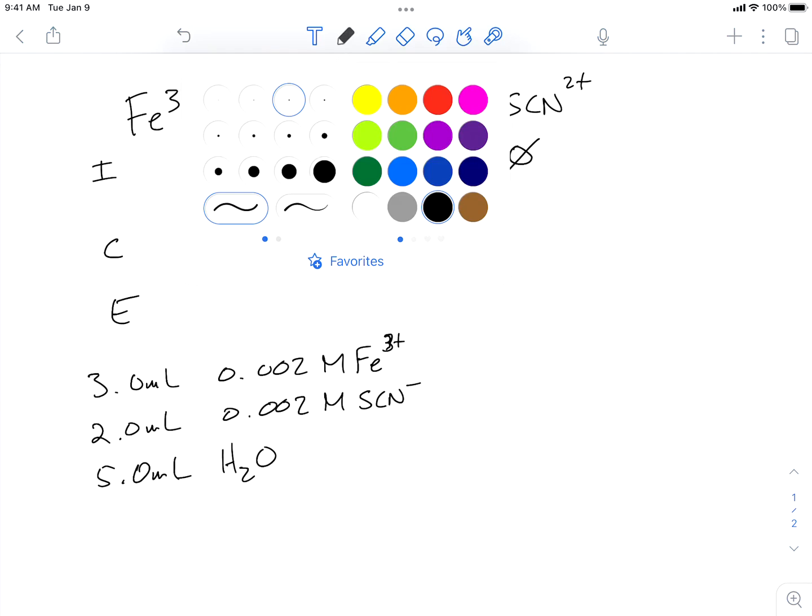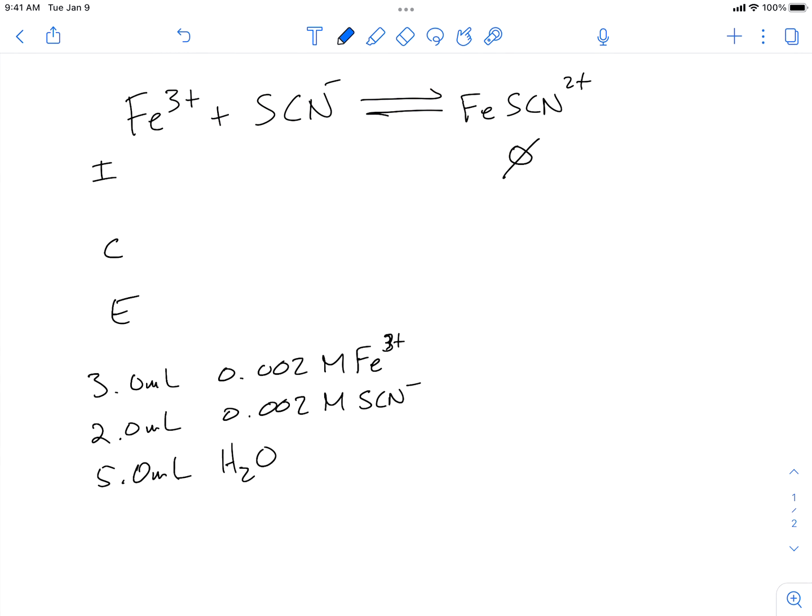We use molarity equals moles over liters and rearrange that. We figure out moles by multiplying the volume in liters, in this case 0.003 liters, by our molarity, and we can do that for both. Multiplying 0.003 liters times the molarity, we get 6 times 10 to the minus 6 moles of iron 3+.